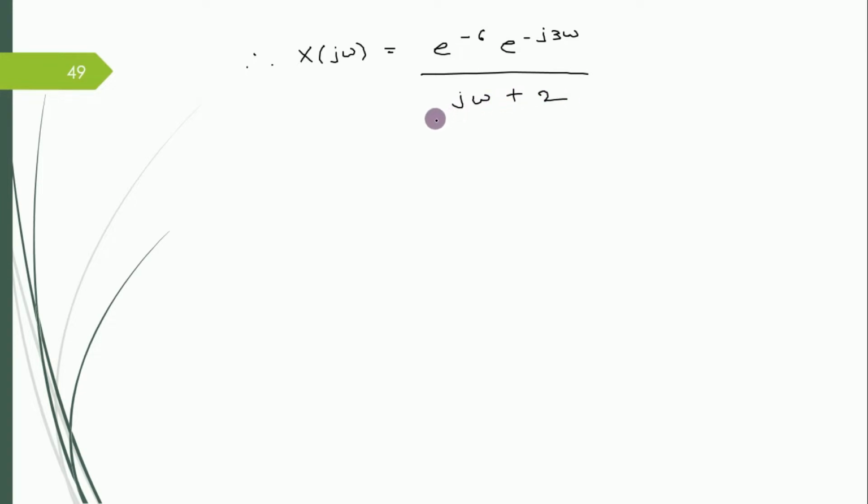So you can write it in the fashion you want. I can also write it as e raised to minus 3 times 2 plus j omega, divided by 2 plus j omega. This is also okay. So this and this I have combined. Okay. So this is the answer for the question taken.